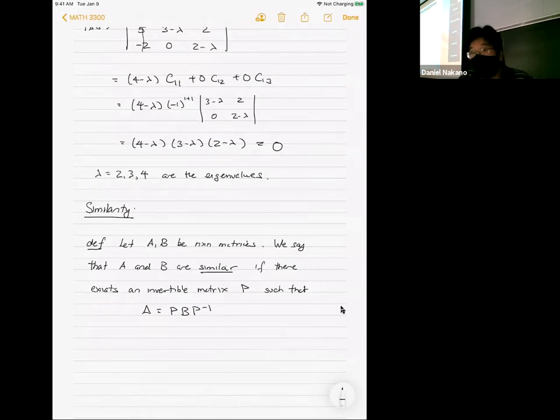Now, there are very nice things that happen with similar matrices. The first thing we're going to observe is that the eigenvalues are always the same.